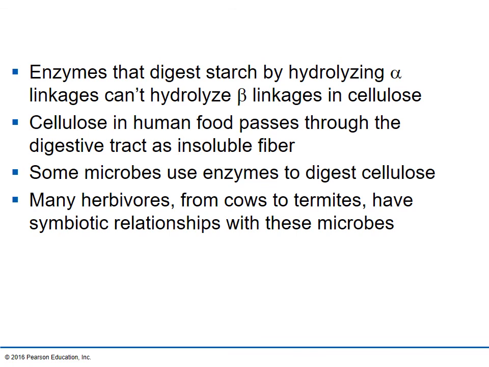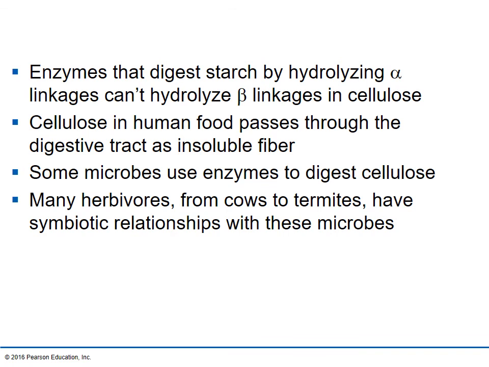So they give an example here at the bottom. They talk about cows, and then they are also referencing termites. They have microbes in their gut that help them to digest the undigestible. So the cellulose in a plant cannot naturally be broken down by a cow or a termite.